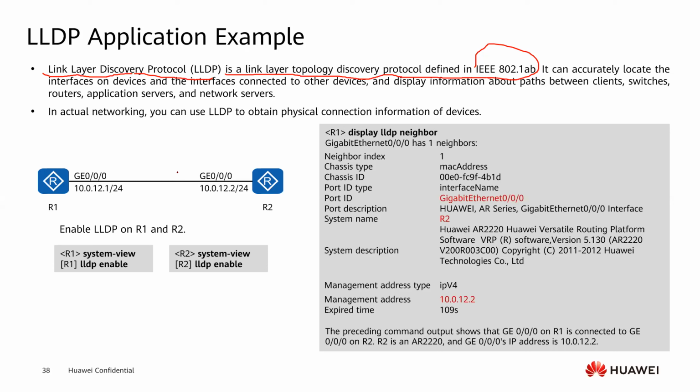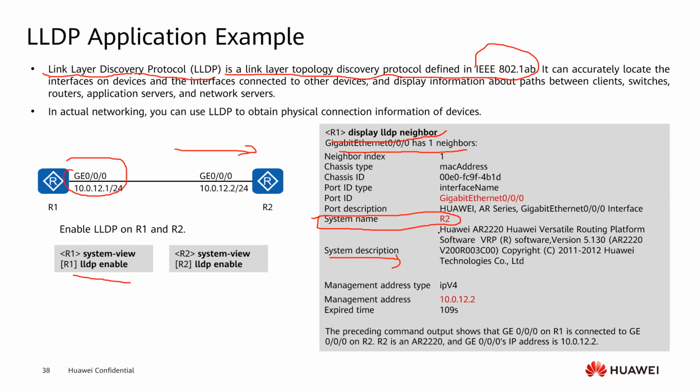topology. So we can see, first run the command lldp enable. When the device enables LLDP, then we can use the command display lldp neighbor. You can see G0/0/0 has one neighbor, R1 has one neighbor. We can see the system name, the name of the peer device, and the system description.